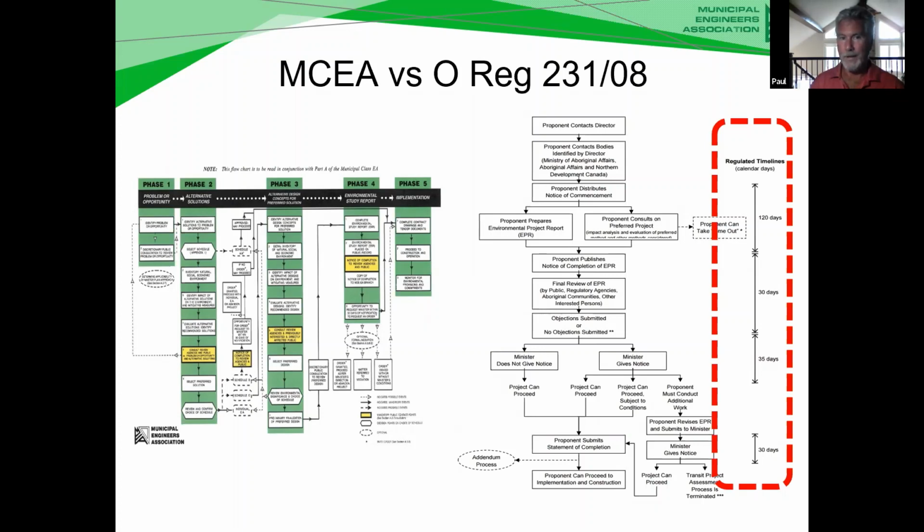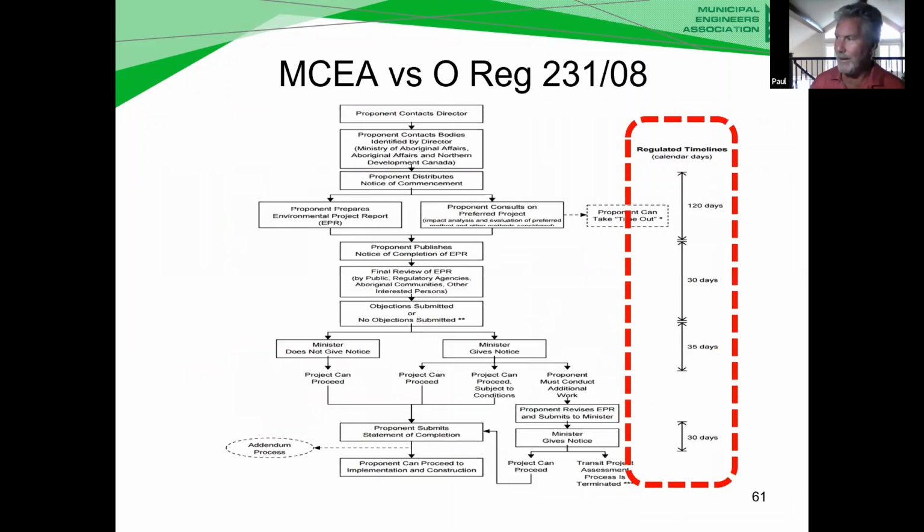This new regulation may not follow exactly what TPAP does, but if it does something like that, so I put up a flow chart of our Class EA and of the TPAP process. And zoom in really here a little bit more on the regulated process, there's an awful lot of similarities.